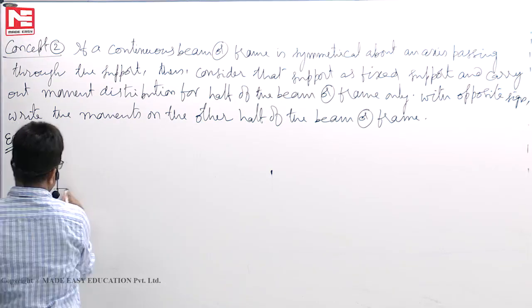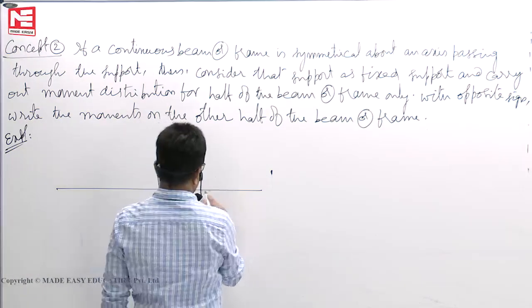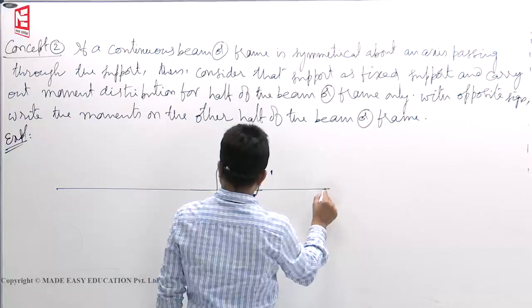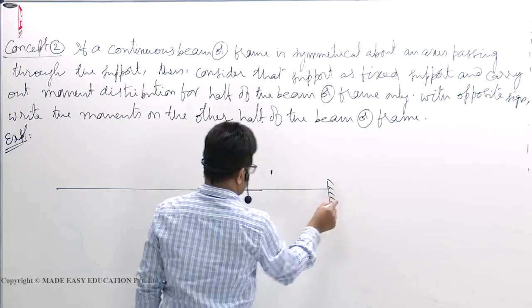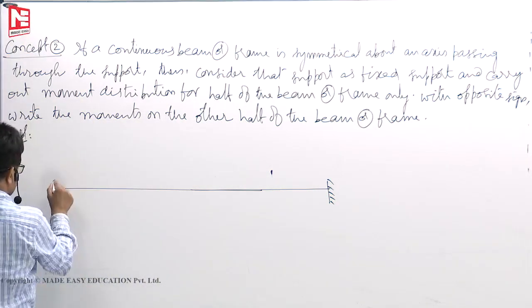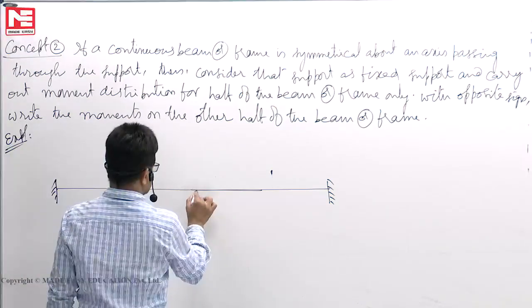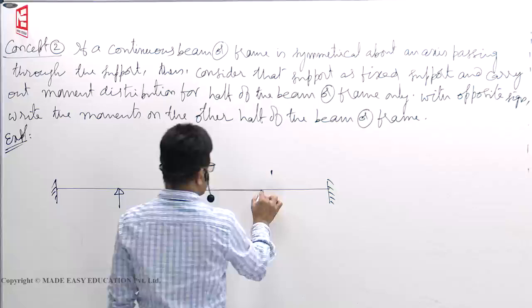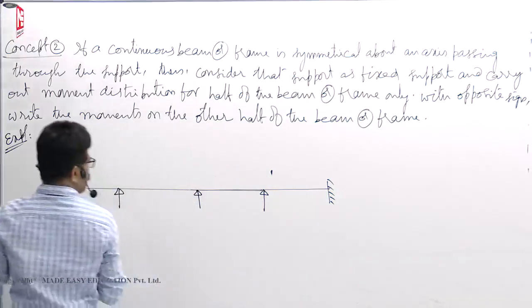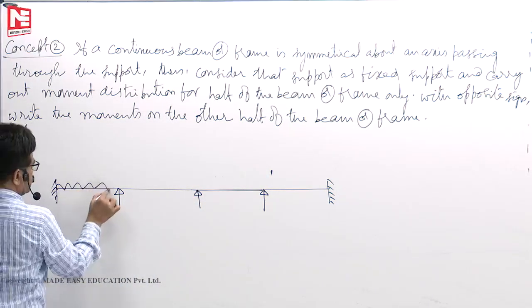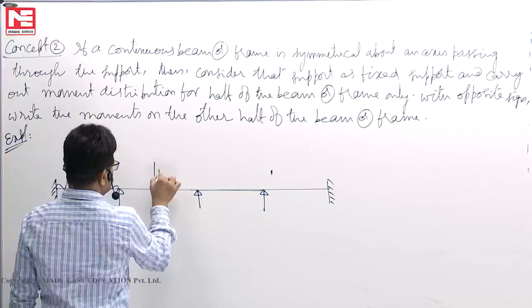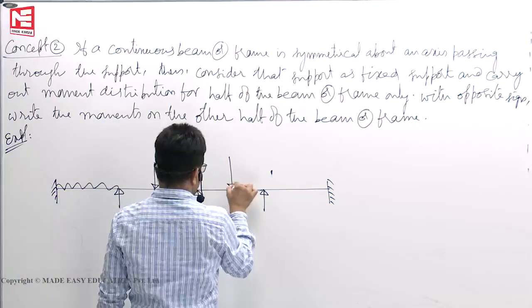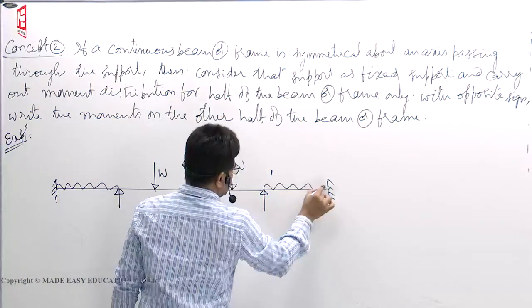Supposing that you have a beam like this, say. Assume that you have UDL here, there is a point load W, again there is a point load W and UDL.